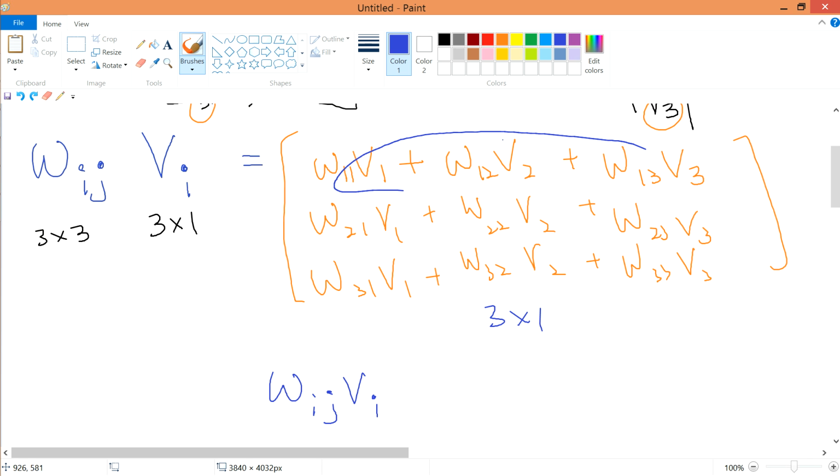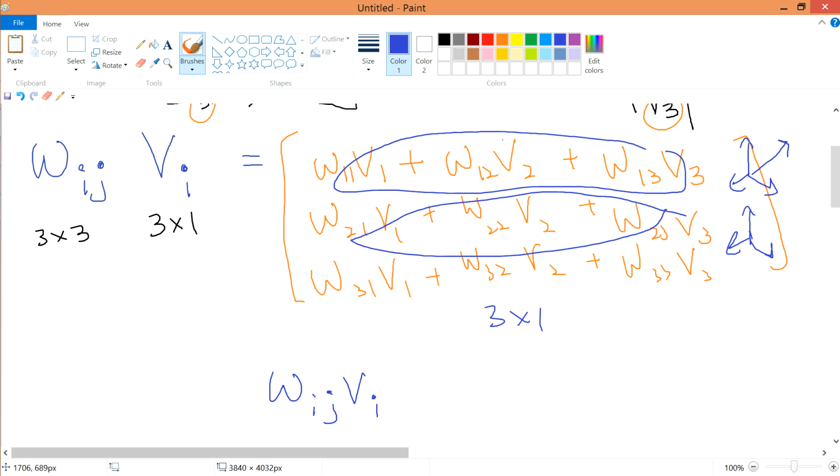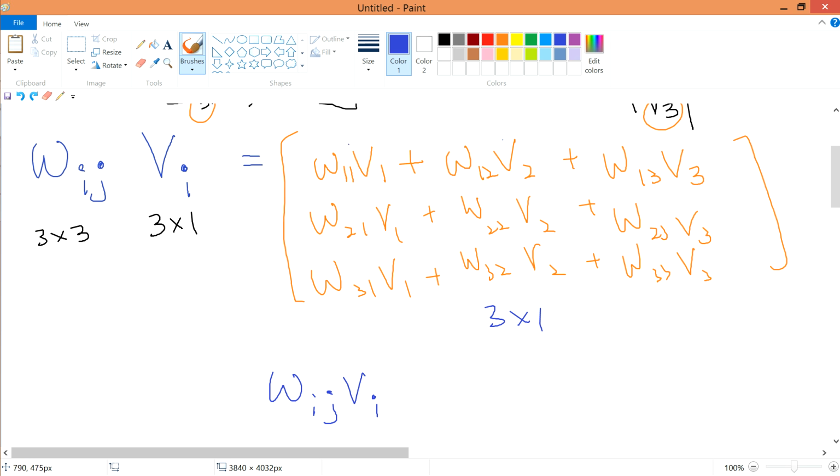So this one is one vector, spanning x, y and z. For this row, they have another vector, and for this row, another vector. So I'm simply taking all these things together.